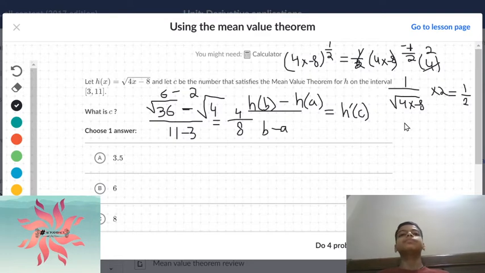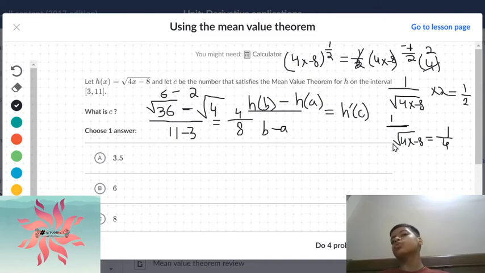Okay? And this will be 1/4. 1/4 is equal to 1 over the square root of 4x minus 8. That means the square root of 4x minus 8 is equal to 4. Take the square of both sides.